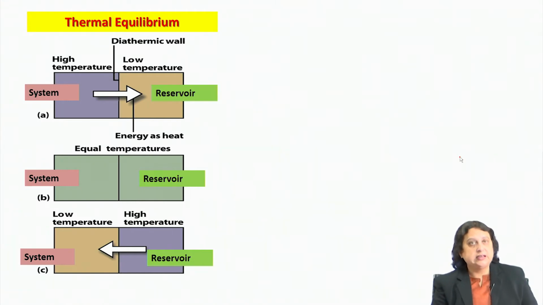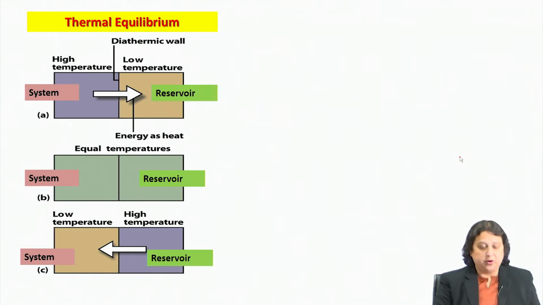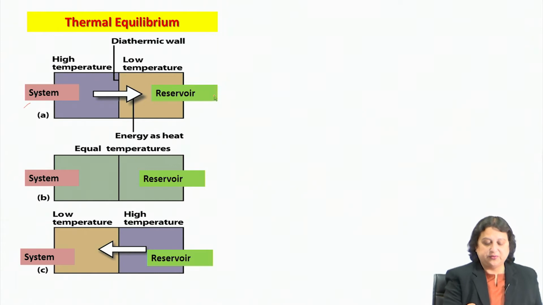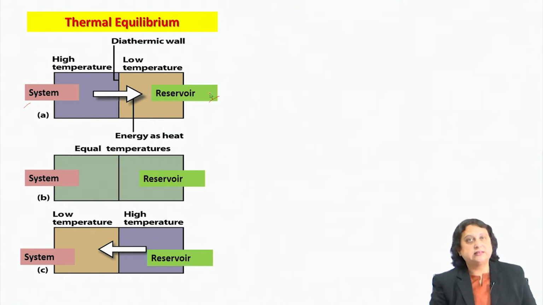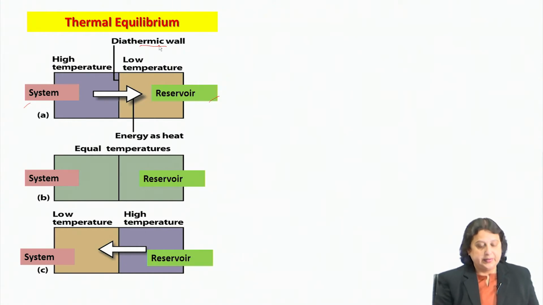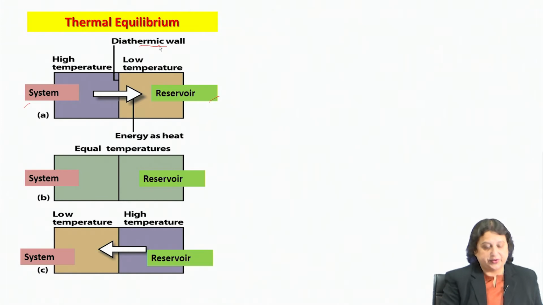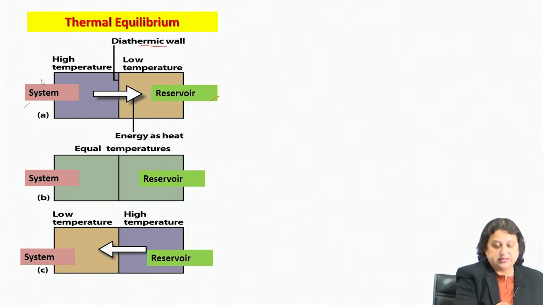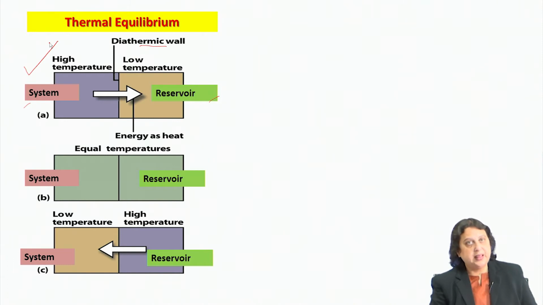So now this isolated setup of system plus reservoir are separated by a diathermal wall, and I maintain a temperature difference between the system and the reservoir. So in this situation, I have the system at high temperature and the reservoir at low temperature.